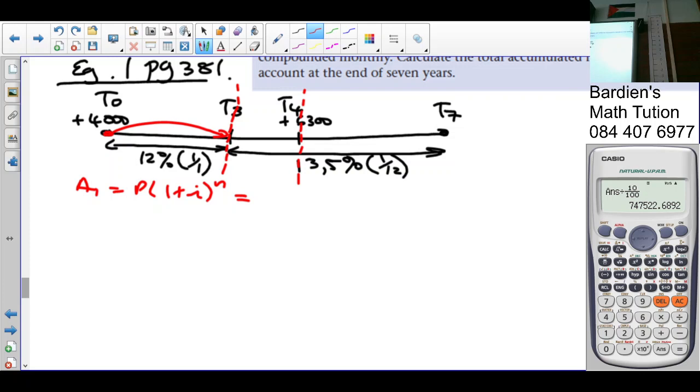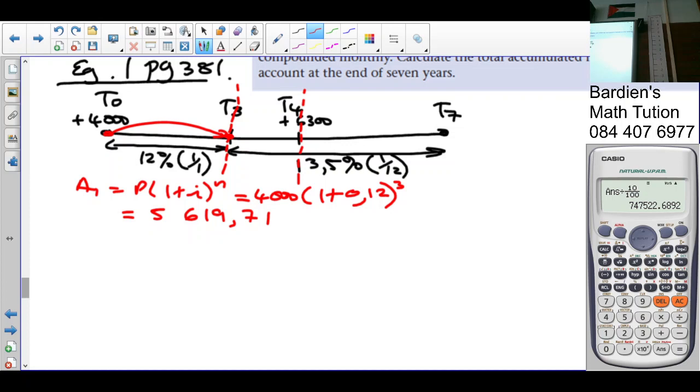Alright, so it's 4,000 into 1 plus 0,12, compounded yearly, so it's to the exponent 3. You all have that? What did you get here? 5,619 comma 71. Do you all agree that's your savings value at this point?